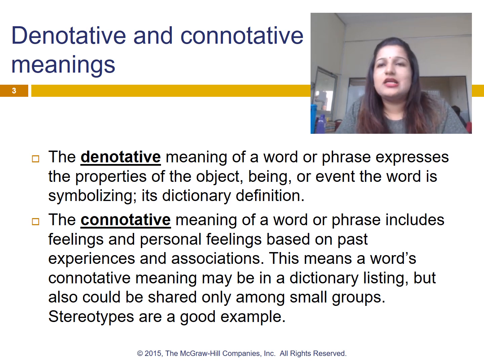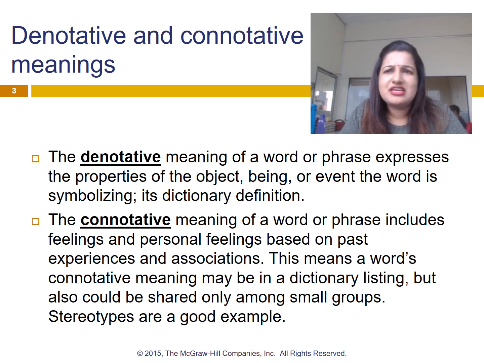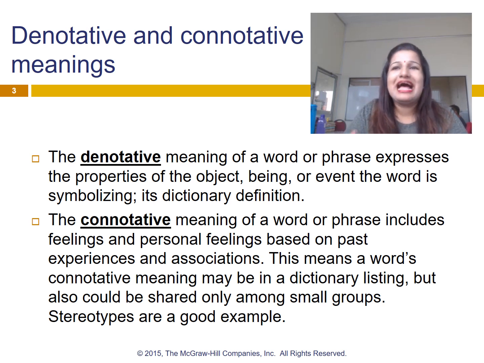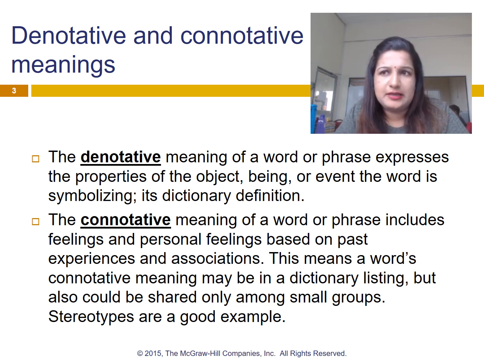Now let's take a look at the C, which is the connotative meaning of a word or a phrase. Connotative meaning is one step deeper, one step higher than denotative meaning. Connotative meaning includes feelings and emotions.